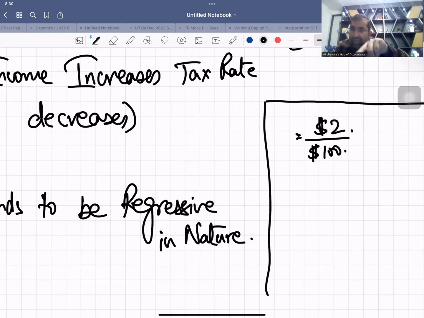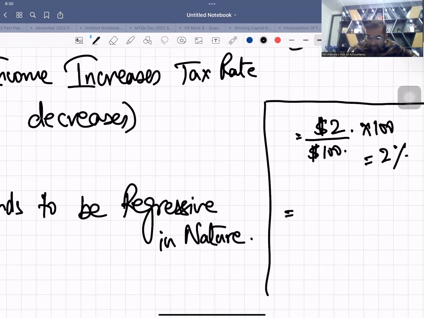So I'm earning $100, and if I buy a Pepsi I have to pay $2. Now can you take out the percent? It's 2% of my income. That means I'm paying 2% tax, as there is a fixed VAT of $2 on that Pepsi. So on me it's 2%.